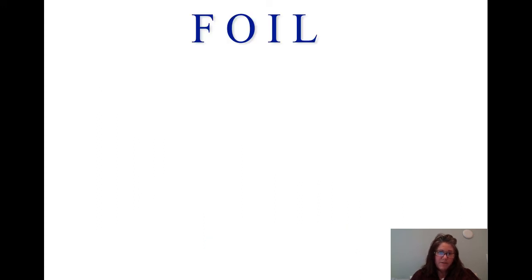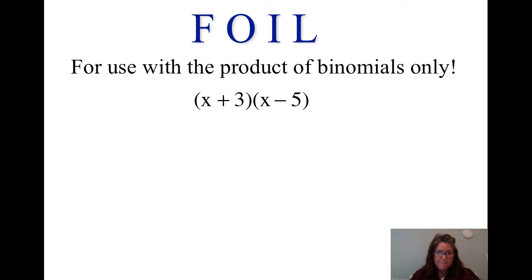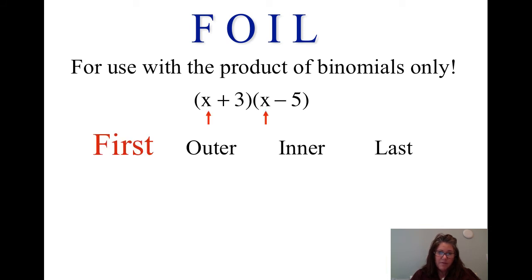So FOIL stands for first, outer, inside, last. What we mean are the first terms, the last terms, the outer terms, and the inner terms. So when I multiply my first terms, x times x, the first term in each binomial, I get x squared.